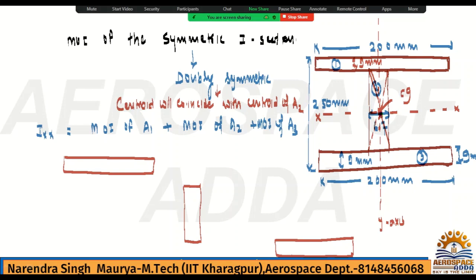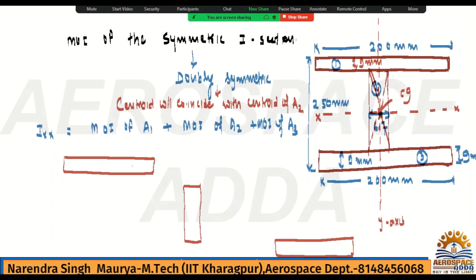So from this, what will be box 1? You can check, box 1 is nothing but, see, 250 minus 9 mm, then it will be 241, divided by 2, 120.5. Right.